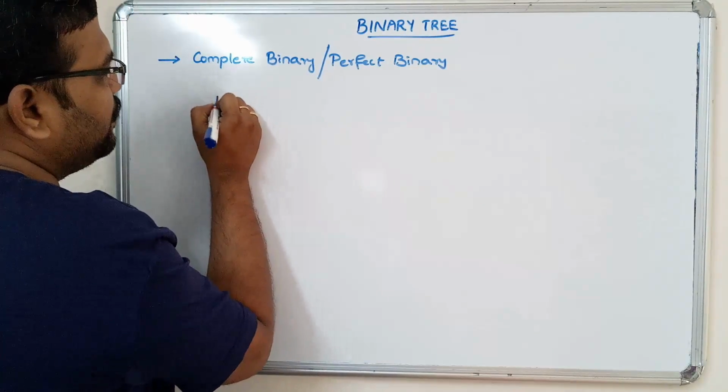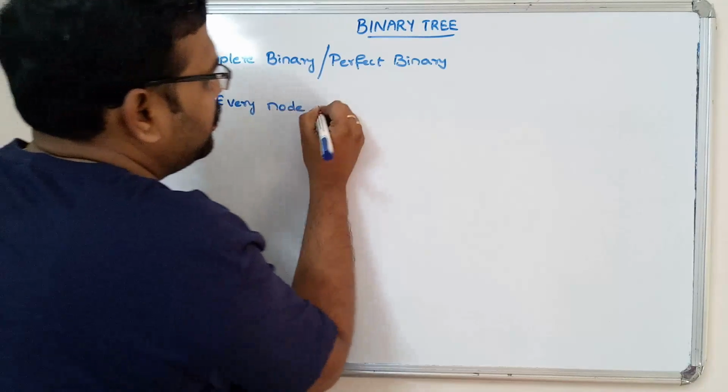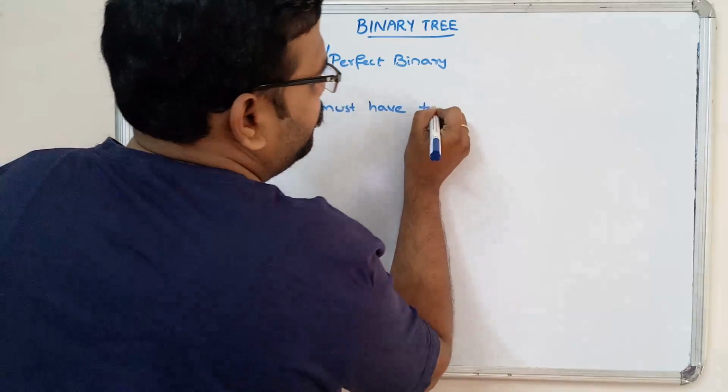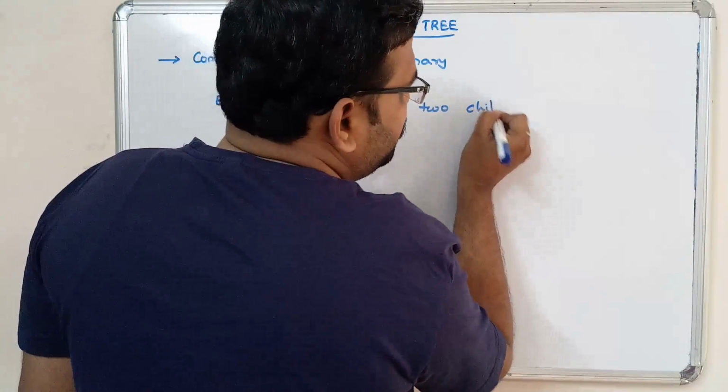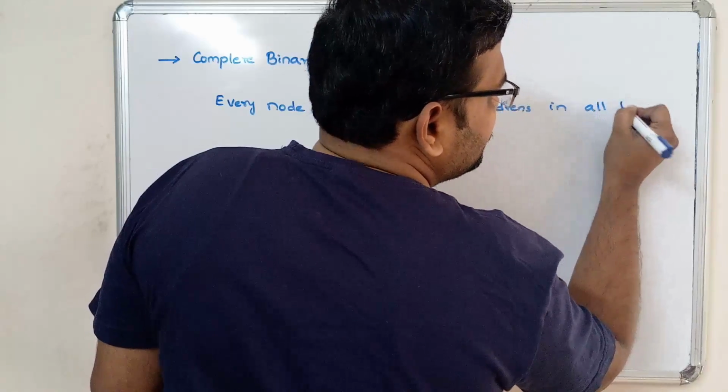Here every node must have two children in all the levels.